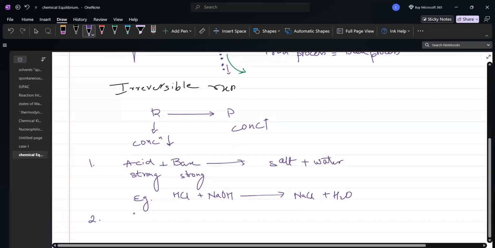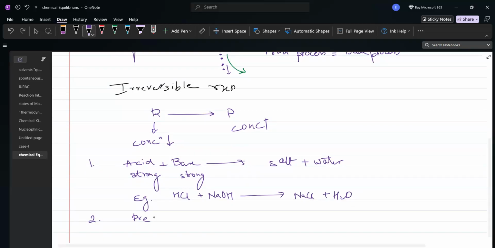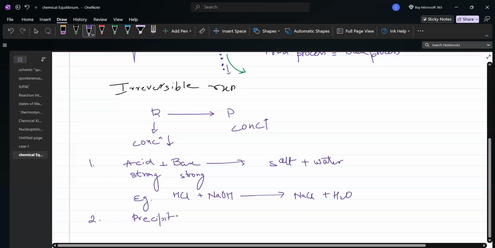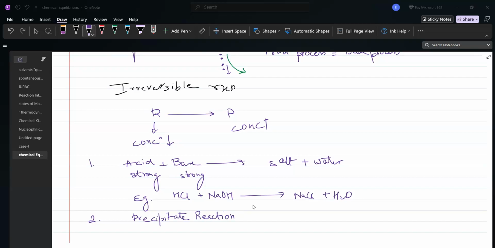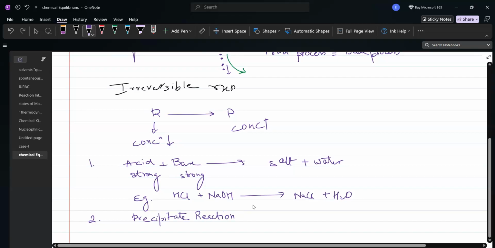The second type is precipitation reaction. Here precipitate is formed. Everybody understand precipitate? You have labs in your school? Yes. I hope you have labs in your school, right? So you may have tried out this precipitate thing in your labs. Wait a minute.